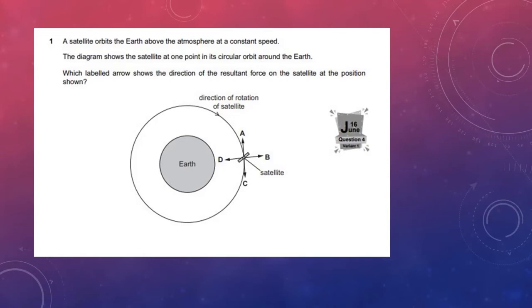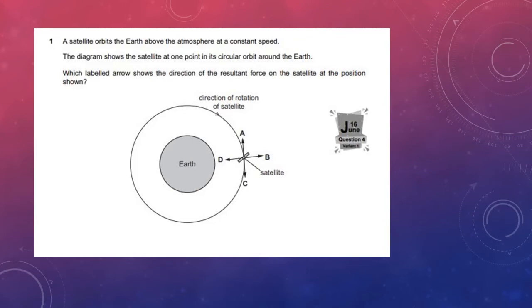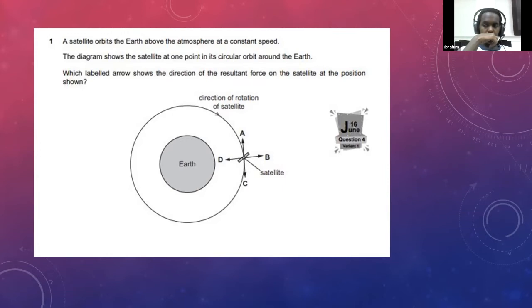Which letter represents the right direction of velocity? Is it B?